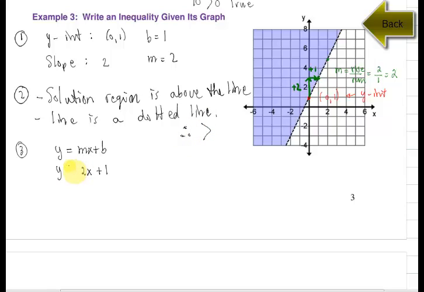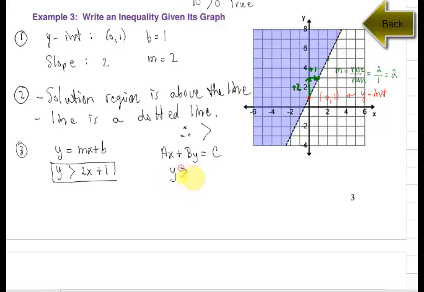And so I'm going to put greater than in here. And so I have an inequality of this graph in the form of y equals mx plus b. Now I can also put that in the form of ax plus by equals c.